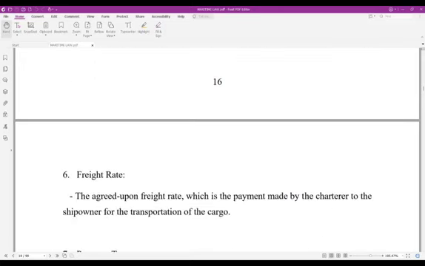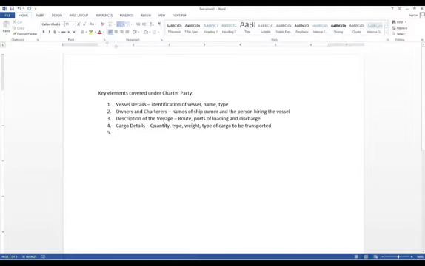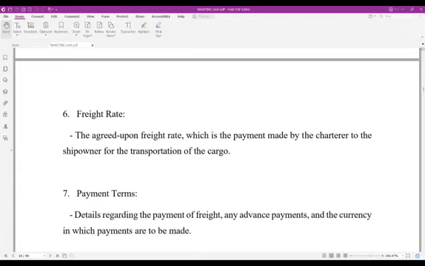We have the freight rate. The freight rate is the agreed upon freight rate, which is the payment made by the charterer to the ship owner for the transportation of the cargo.